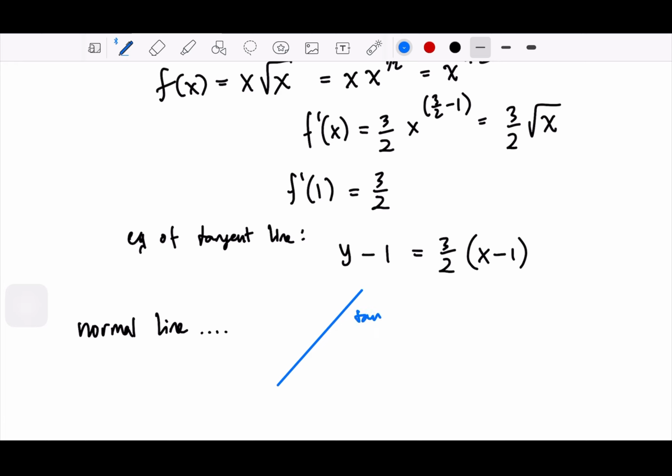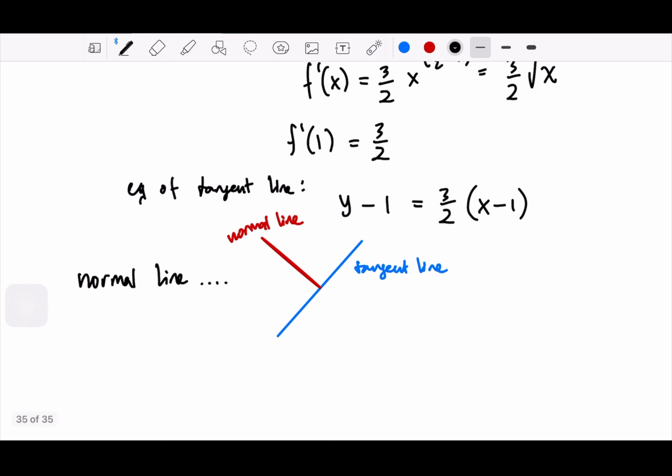If I write this is the tangent line, then this will be the normal. If we say the normal slope is n and the tangent slope is m, then m multiplied by n will be -1.